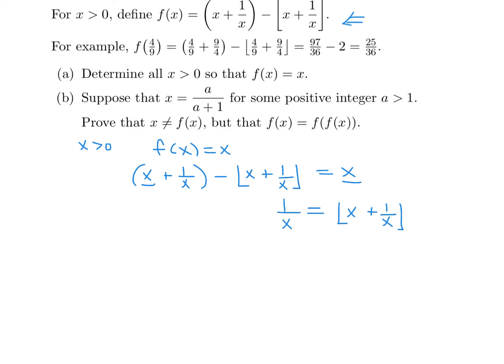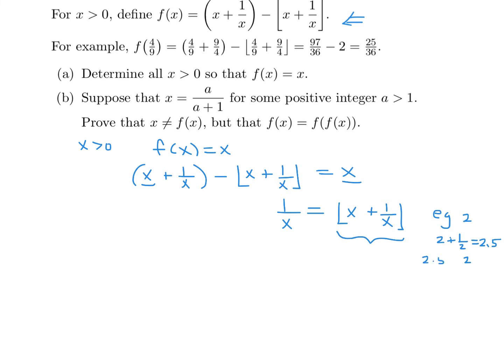Now, x is greater than 0. That's very important, because if x is greater than 0, this part will be positive. For example, x is 2. It's greater than 0. It would be x + 1/x, which is 2 plus a half, which is 2.5. And when you take the bracket of it, it would drop it down to 2, right?